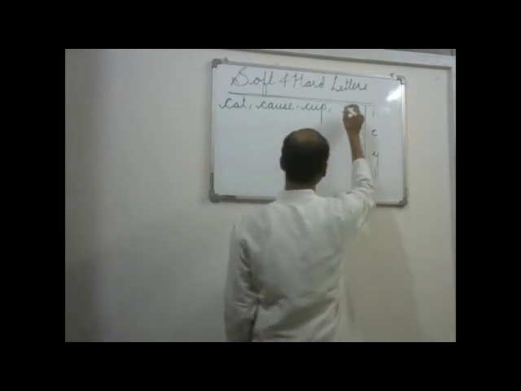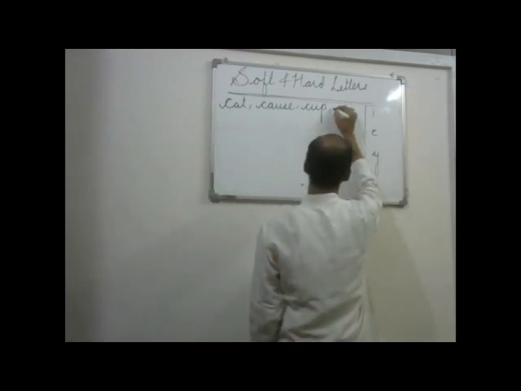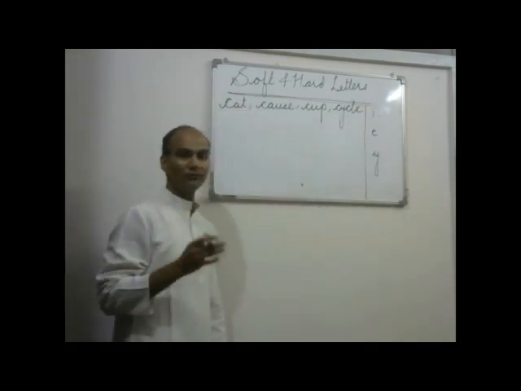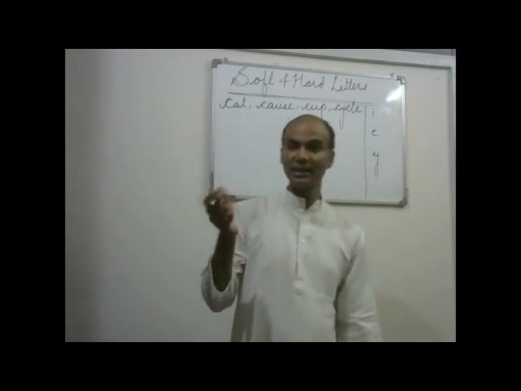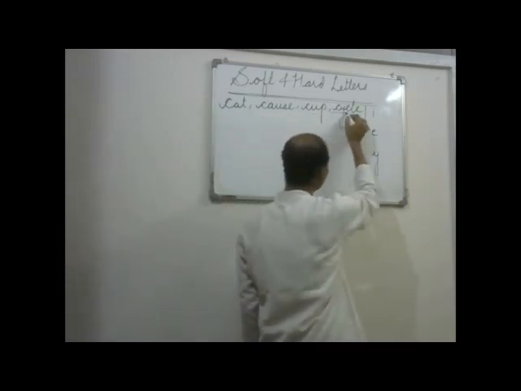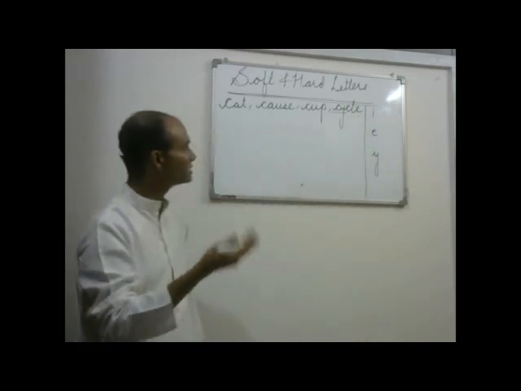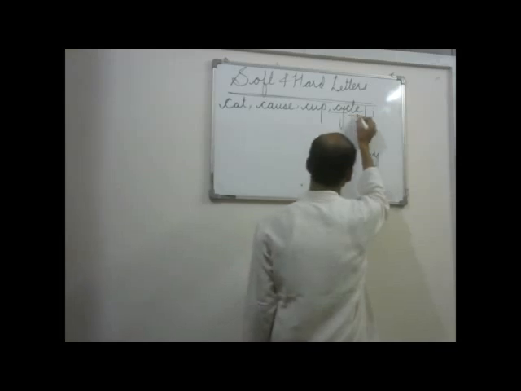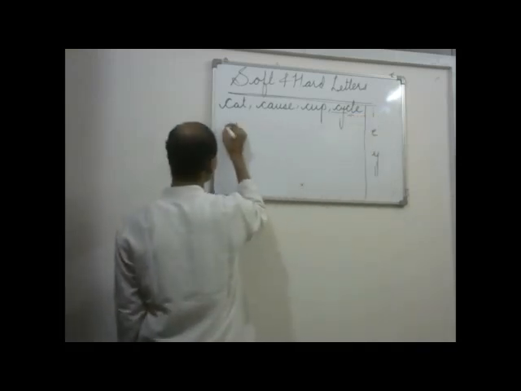There are more examples. For example, cycle. Now in the same word we have both S and K. It is Cy: C is being followed by Y, so soft, and then C is being followed by L, so hard. Cycle. Similarly, you can see success.